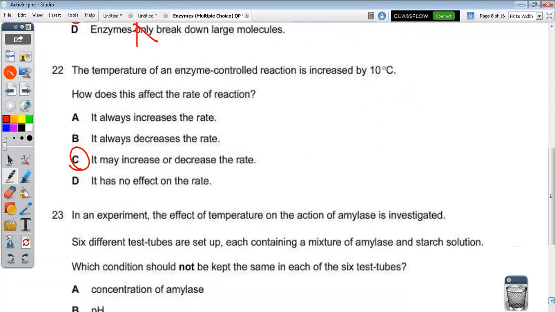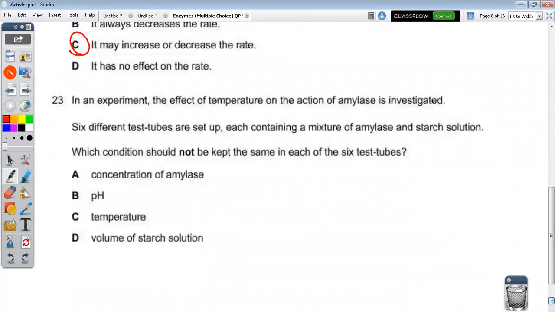That's all they wanted you to think along those lines. Now, in an experiment, the effect of temperature on the action of amylase is investigated. Without even reading further the question, which condition should not be kept constant? What are you investigating here? Temperature. So whatever you are investigating should never be kept constant, because that's what you want to investigate. The rest should be kept constant.